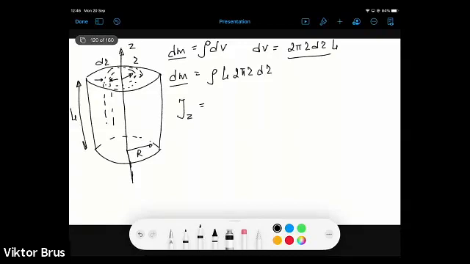So our general equation is the integral of r squared times dm. Instead of dm, we substitute this expression.